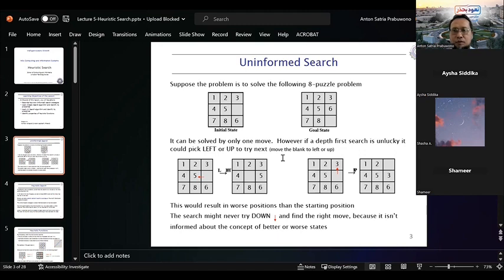We just go down the left branch, and if we find the solution, then we finish and solve the problem. But if not, we have to go to the other branch. That is depth first search, if you remember it from the previous lecture.